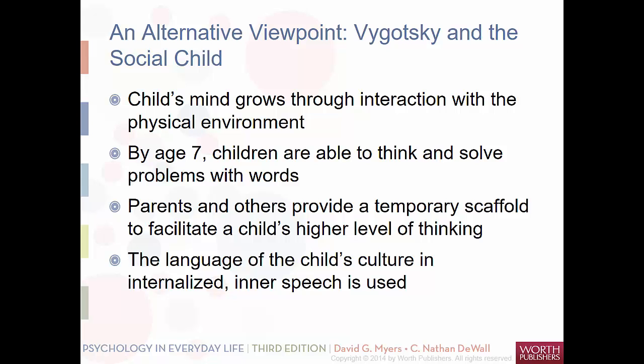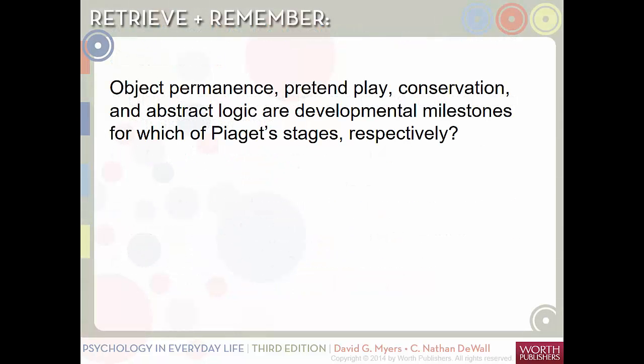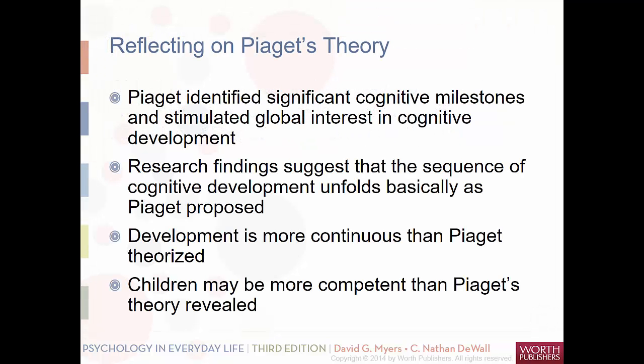Vygotsky and the social child, children learn through their social environment. Criticism of Piaget is that children may learn quicker than he hypothesized.